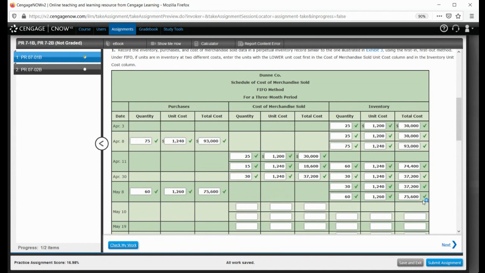Right now, the ending inventory consists of both of these layers. We would add the two of these together if we were doing a balance sheet at this time. We're not doing a balance sheet at this time because we're not through with the end of this period, which is going to be for 3 months that they're doing these transactions for. So we're just going to continue on.